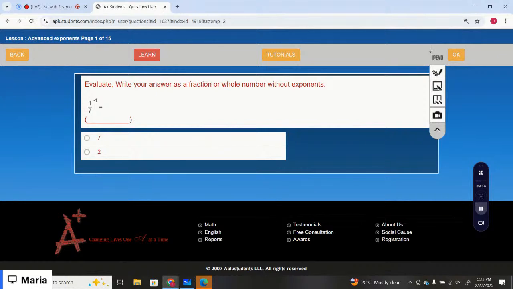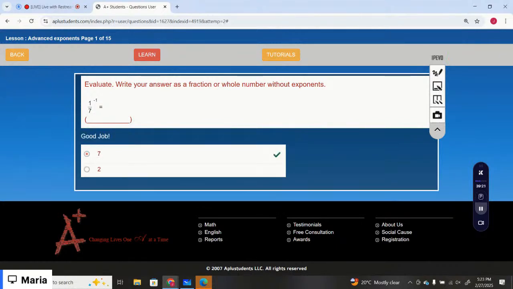The correct option is 7. Option number 1 is the correct option. You have to write them without exponents. Option number 1 is the correct option.